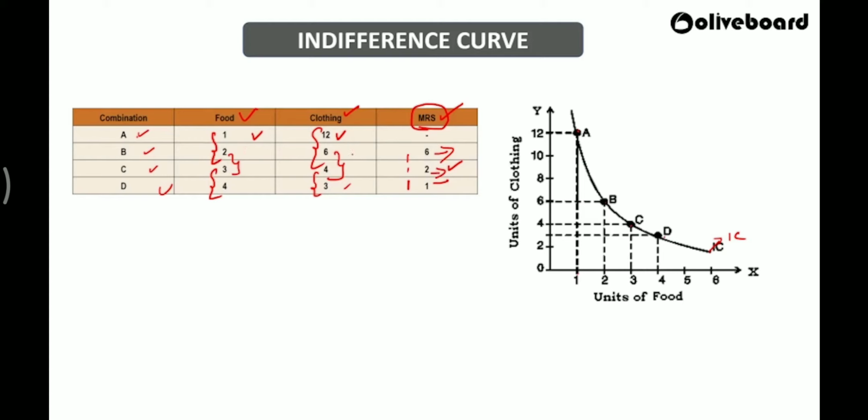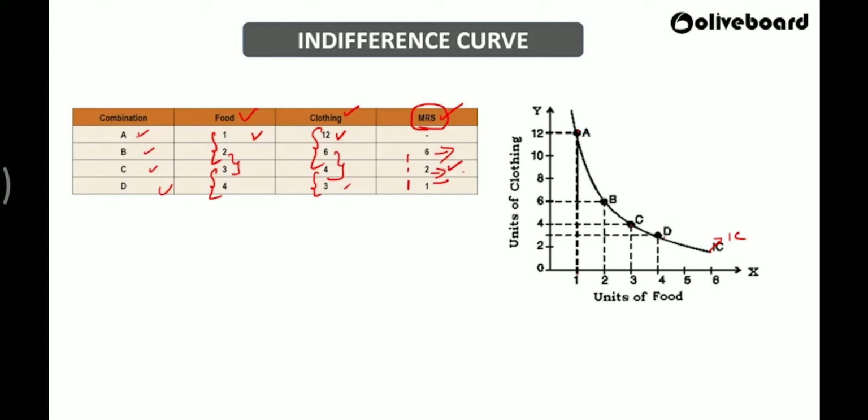And from 6 units of clothing, I gave away 2 units to get one more unit of food. So I keep on giving away, but that sacrificing rate, or substitution rate, keeps on declining. Earlier I gave away 6, then only 2 units, then only 1. Now I'm not ready to give away any clothing because I want this much minimum clothing. So I can't give away.